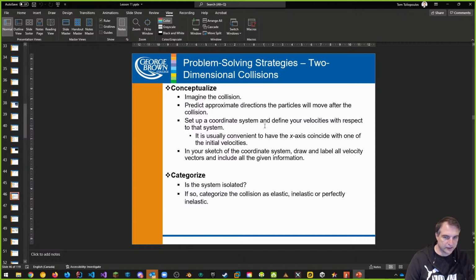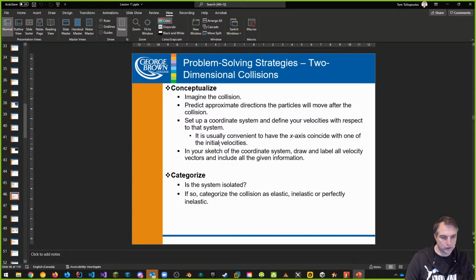So we conceptualize, imagine the collision, and predict the approximate directions the particles will move after the collision. In your mind, think about what they should do. Set up a coordinate system and define your velocity with respect to that system. It is usually convenient to have the x-axis coincide with one of the initial velocities, because that's easier than having two angles.